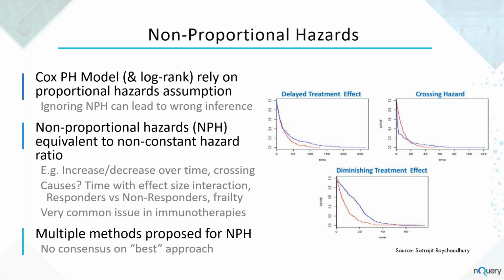As is done in many situations, simply ignoring this case, where it doesn't seem to hold, can lead to very significant issues with regards to the inferences that can be drawn from these tests. And so the added complexity associated with this type of endpoint when the assumption doesn't hold is what we'll be focusing on today.